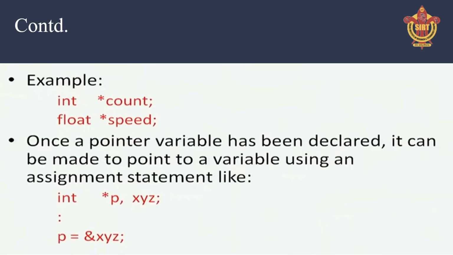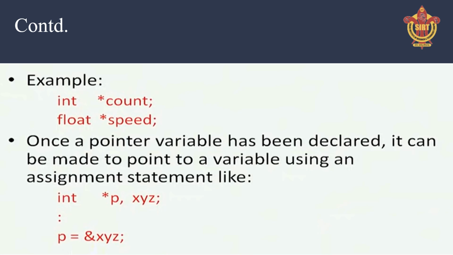For example, I am declaring here a pointer variable count with the asterisk sign. Now the data type for this pointer variable is integer. So what does it mean? It means that the count pointer variable can only point to a variable whose data type is integer.